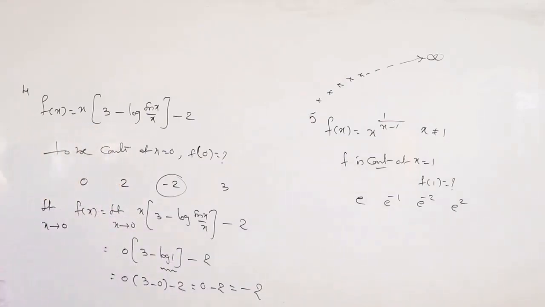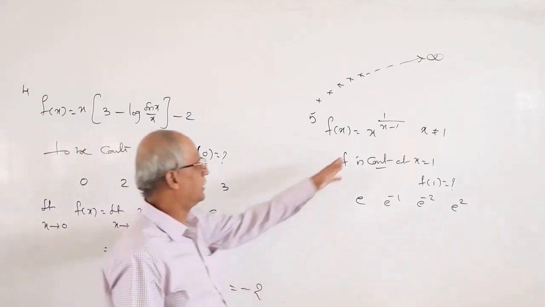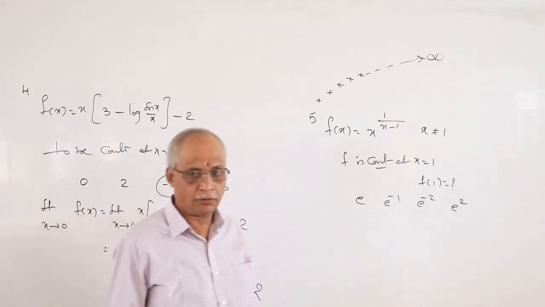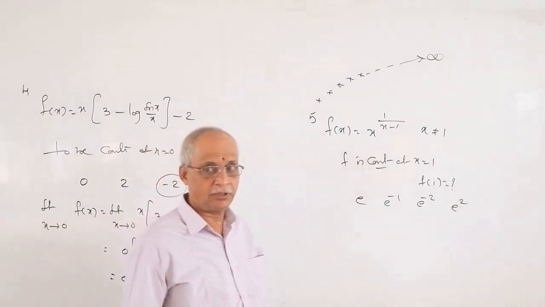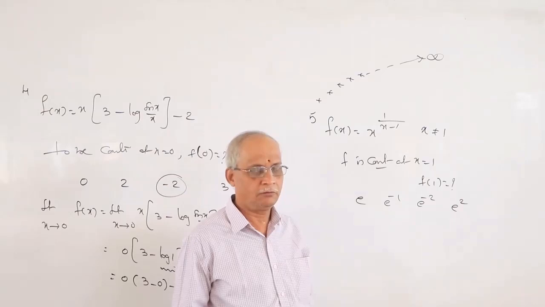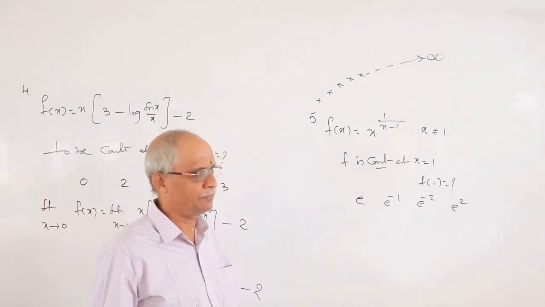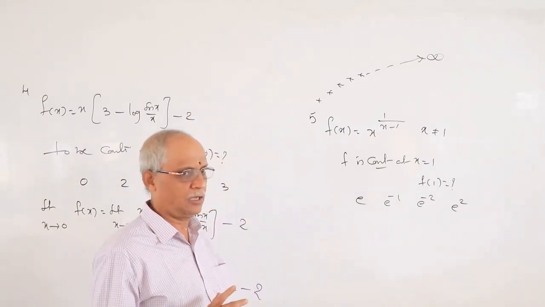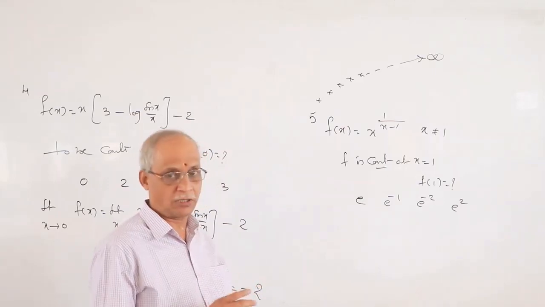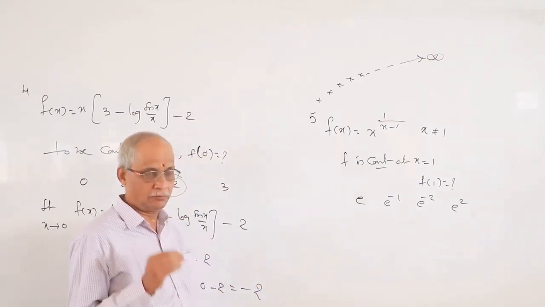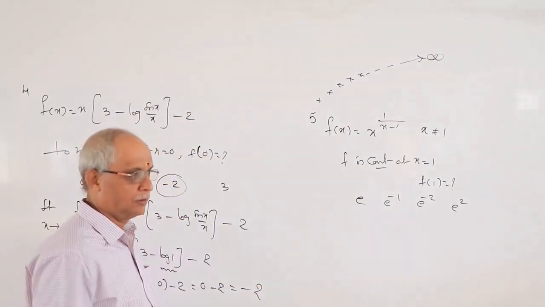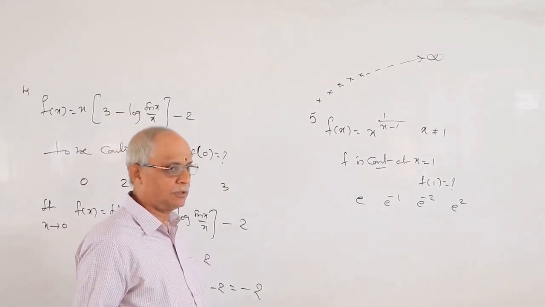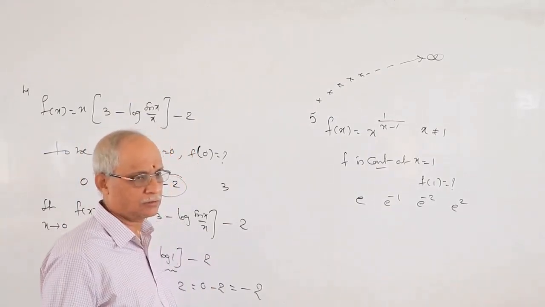Problem looks very simple. The size of the function is very small: x power 1 by x minus 1. But the depth, the concept, once you are perfect with synopsis, results, ideas, and short-cut methods, whatever I am giving, if you note down very properly, you will definitely get good marks.